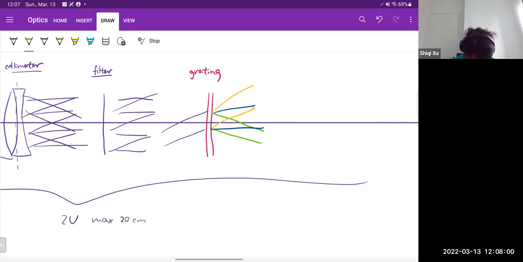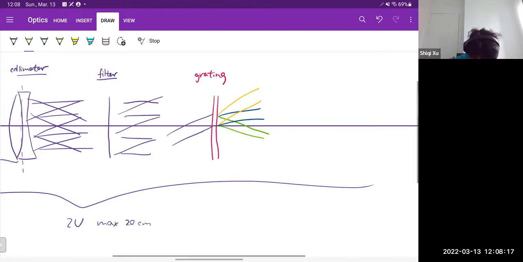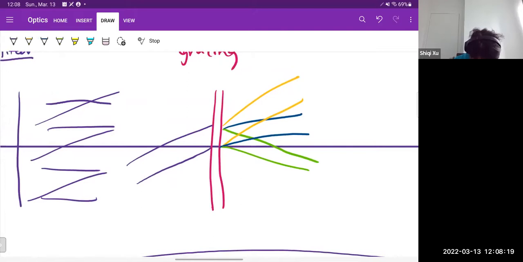So for the yellow one, I drew this poorly. Okay, one sec. I put a ray right here at the axis, that'll be easier to show, like this. Okay, so you can see how the yellow one has this angle. The blue one has this angle, and the green one has this angle.